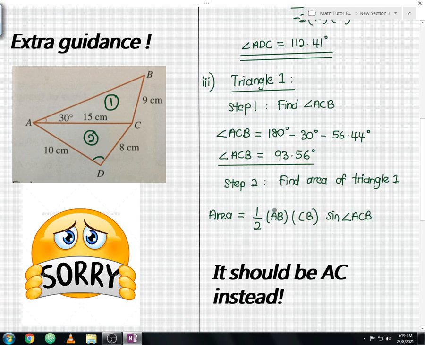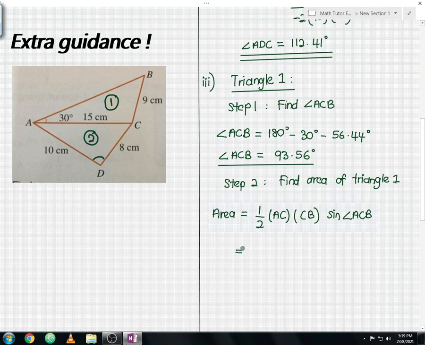Let us substitute all the respective values in our working here. It equals half times 15, since AB is 15, and your CB is 9, and then sine angle ACB is sine 93.56 degrees.